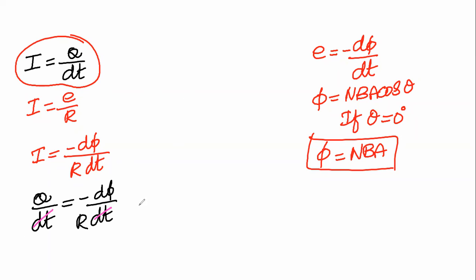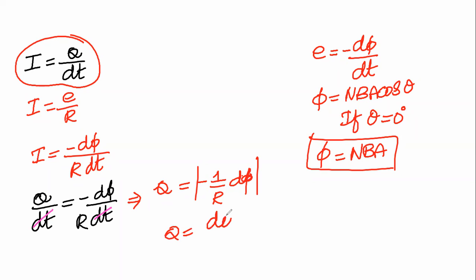Therefore, Q is equal to minus 1 by R into d phi. Otherwise, taking the magnitude, Q is equal to d phi divided by R, 1 by R into d phi we may write.